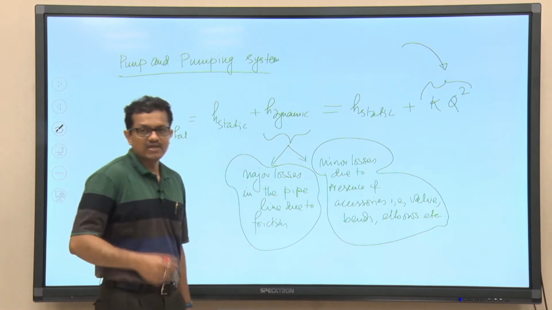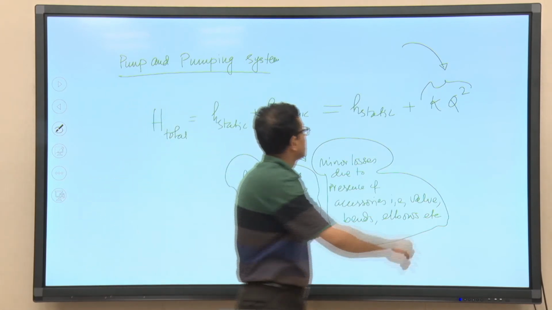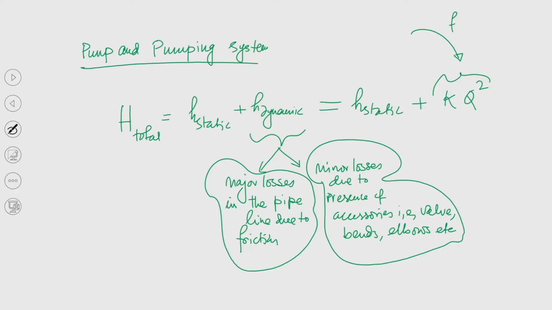So, we can write using the Darcy-Weisbach equation, that is f L by D, V square by 2g. Now, D is the diameter of the pipe through which fluid will be flowing, f is the friction factor, and V is the recommended speed typically considered in the piping system.